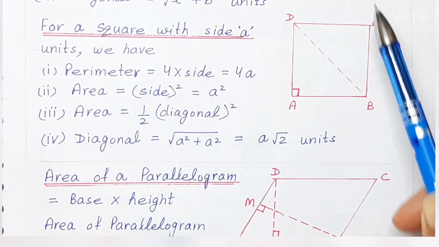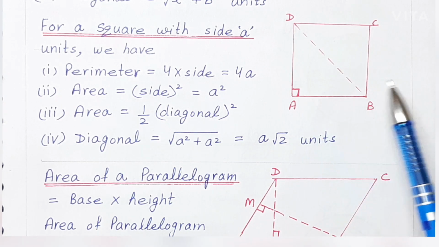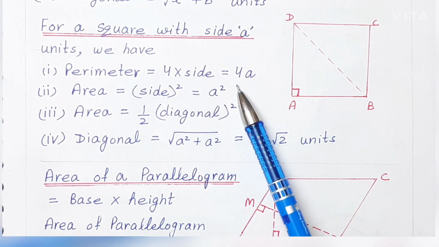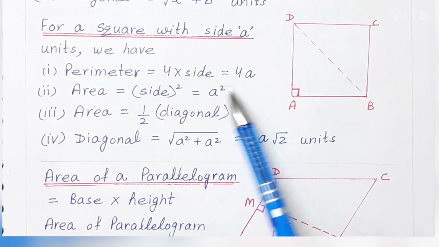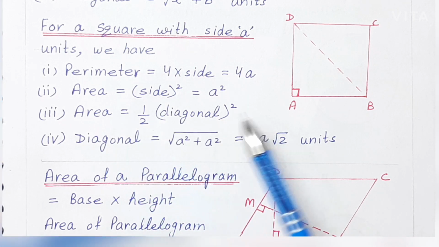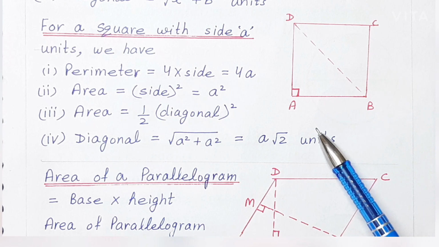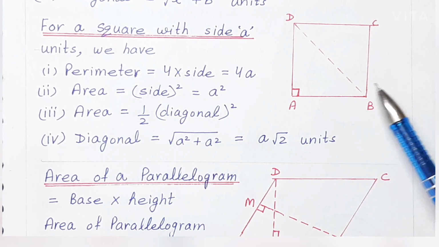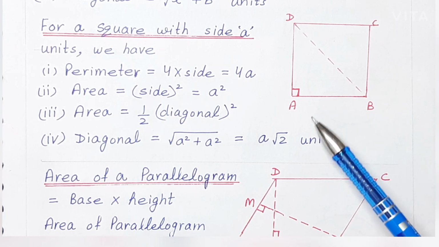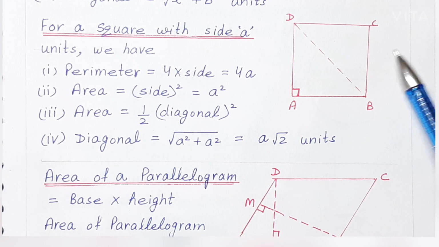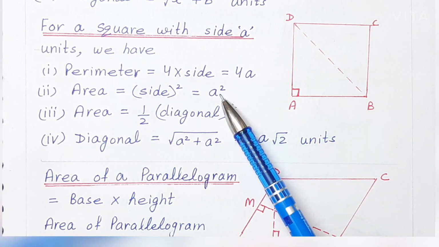Now since all the sides are equal, so it is 4A. Clear? Now area. Area is side into side. Now since both the sides are A, so A into A is A square. Clear?